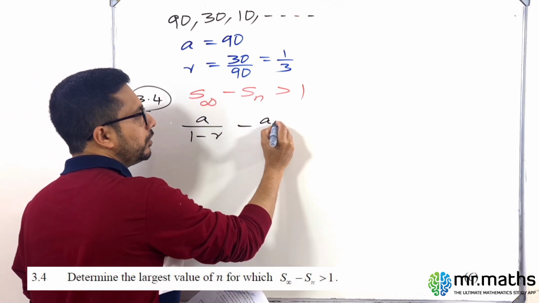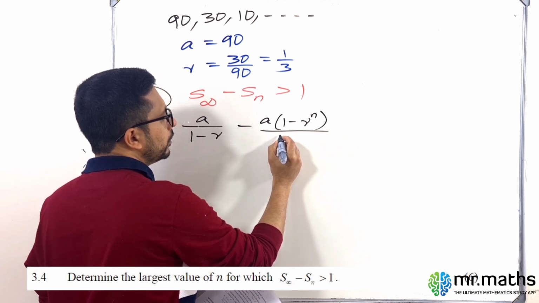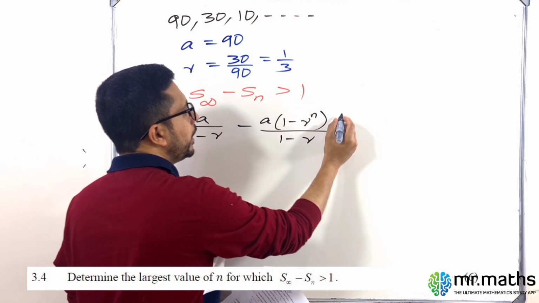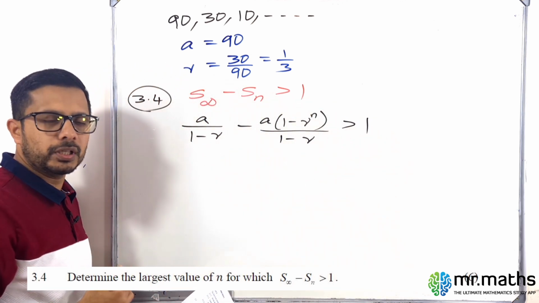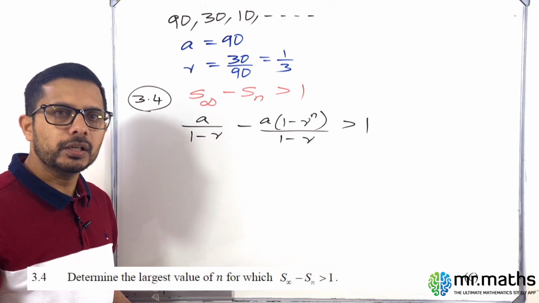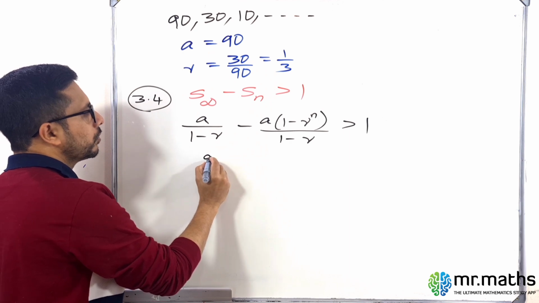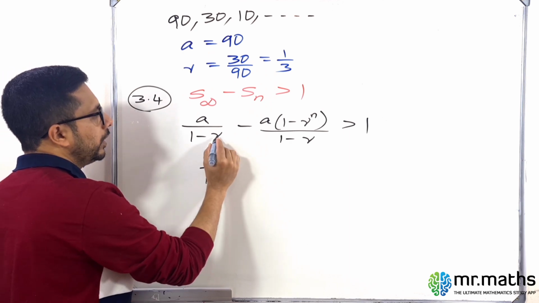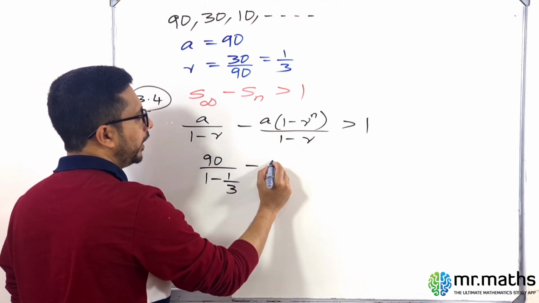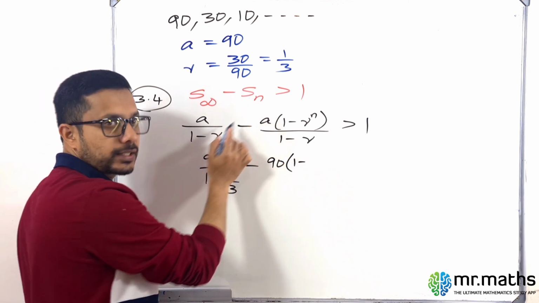It is a into 1 minus r raised to n, divided by 1 minus r, and that is greater than 1. We have to find the maximum value of n. So now we can substitute the values. a is 90, so 90 over 1 minus r, r is 1 over 3, minus 90 into 1 minus, and we are supposed to write Sn.